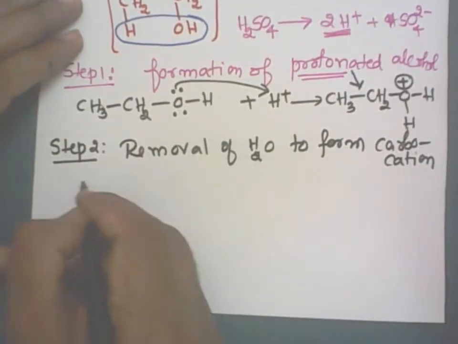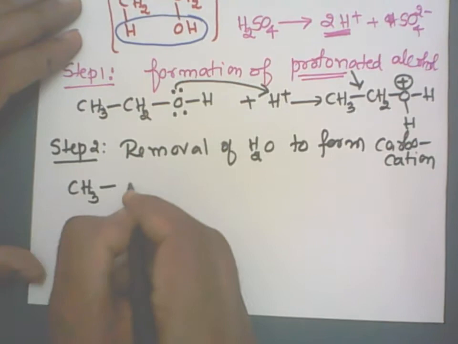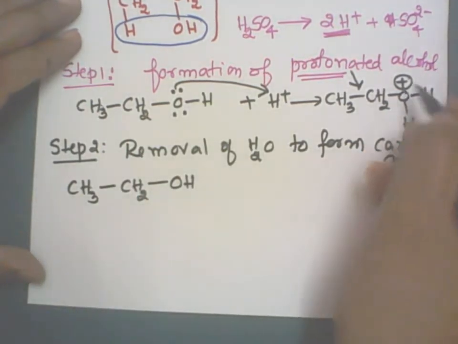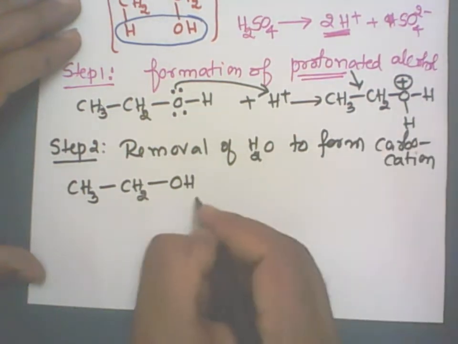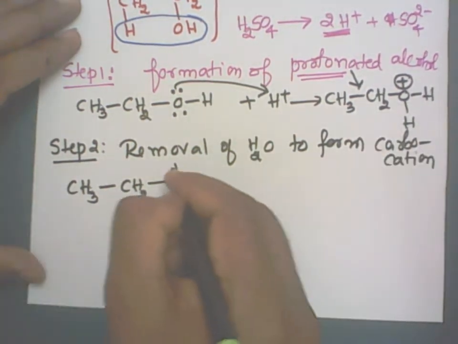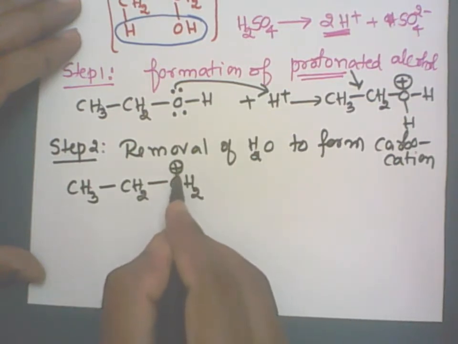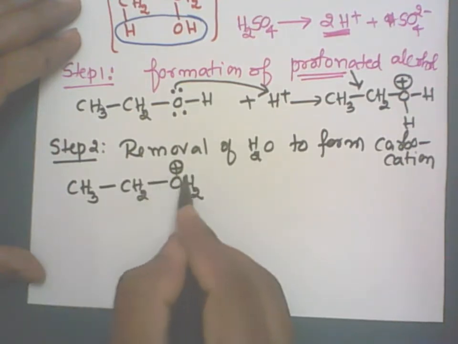So we'll have now CH3CH2, then OH2, I'll write these two hydrogens together, plus. So we can see that it is a water molecule but positively charged. What will happen? Oxygen is more electronegative, so it attracts the bond toward itself.